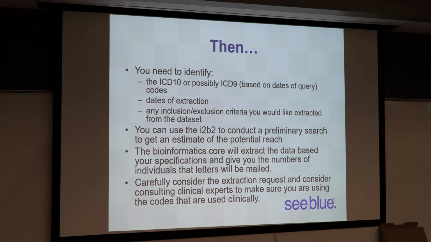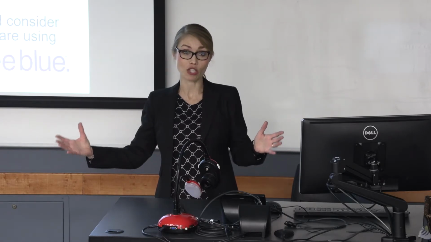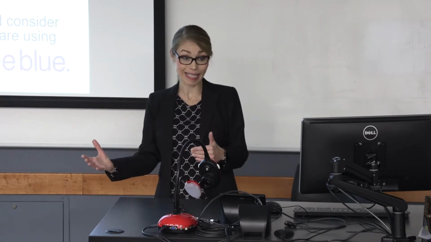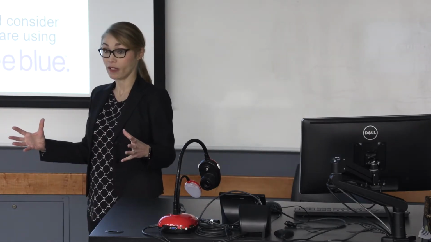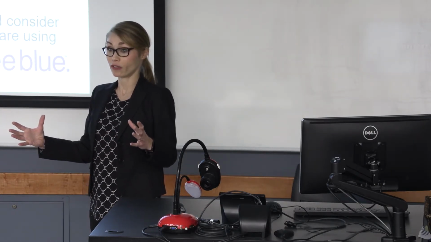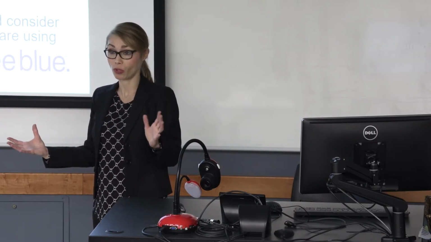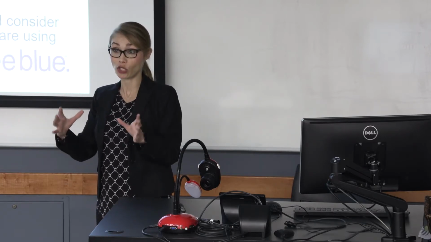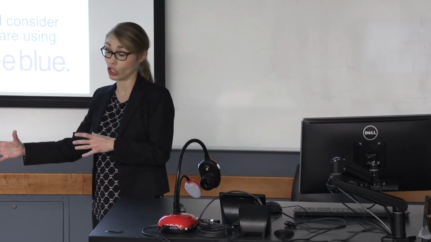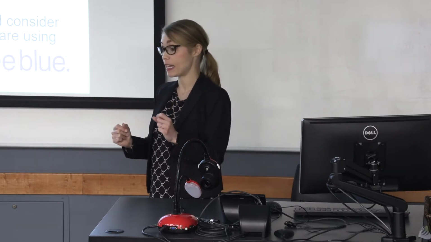I don't remember exactly which year it went from ICD-9 to ICD-10, but if you're looking for older data or a broad spectrum of data, then you might need both. ICD-10 codes are much more comprehensive, I think there's 10,000 codes, so you really have to figure out which one is actually being used for your patient population.